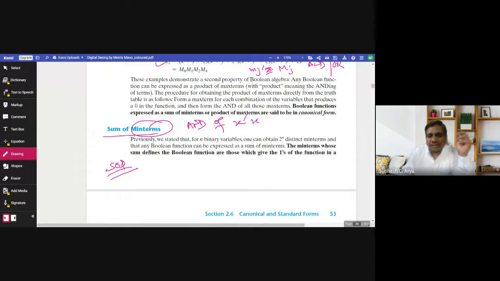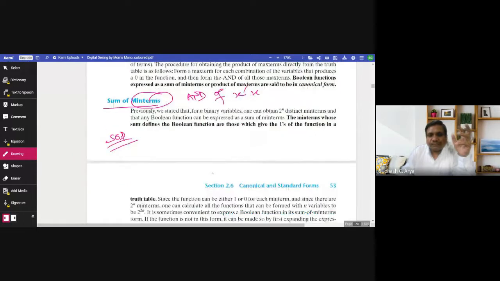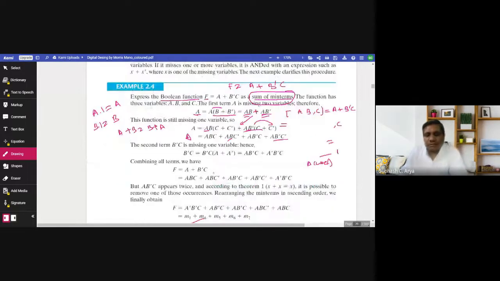Then sum of min terms means sum of product terms, and we attempted example number 2.4 in our digital electronics book authored by Morris Mano.